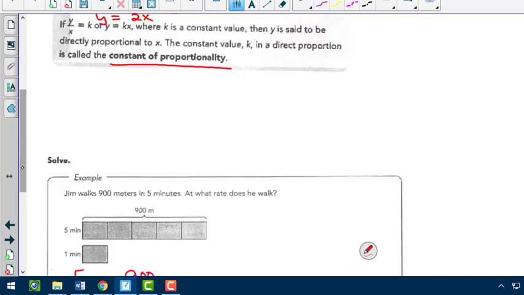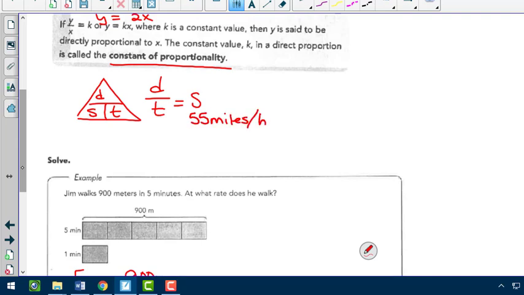I want to go back to the page before and relate the constant of proportionality to something that we already saw. We saw this triangle. That distance was equal to speed times time. Distance divided by time gave us our speed, which is a rate when you go like 55 miles per hour, right?